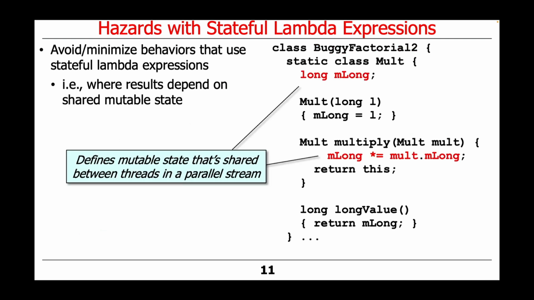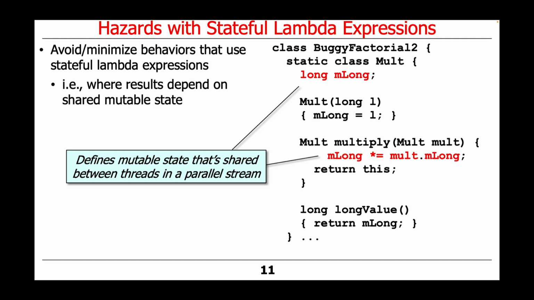And here's the source of the problem. We have a class that's called Mult, and it's got a variable, which is mLong of type long, and you can see here that the multiply method is going to do the multiplication and update of mLong by the parameter Mult mLong, which is of type Mult.